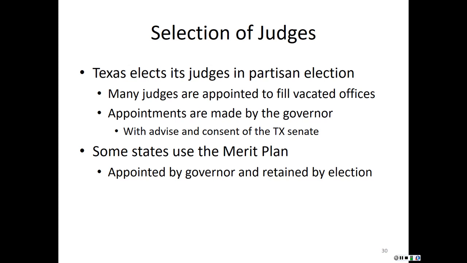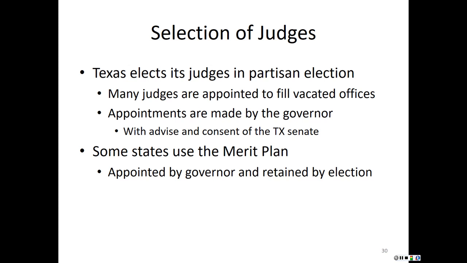They're elected to a 4-year term or a 6-year term. Oftentimes, for whatever reason, the judges do not finish their terms. If they don't finish their term, as we've gone over, the governor gets to appoint a replacement with the advice and consent of the Texas Senate.